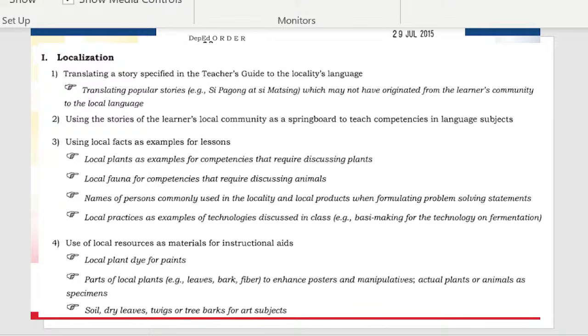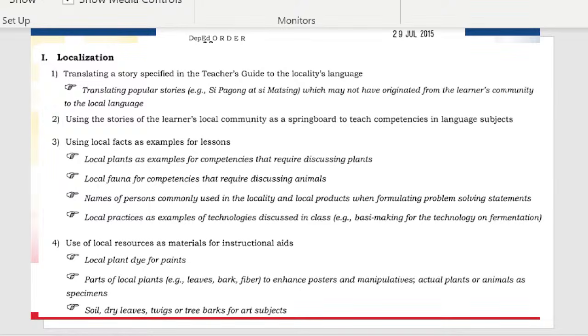Example, translating a story specified in the teacher's guide to the locality's language. Translating popular stories which may not have originated from the learner's community to the local language. That's localization.